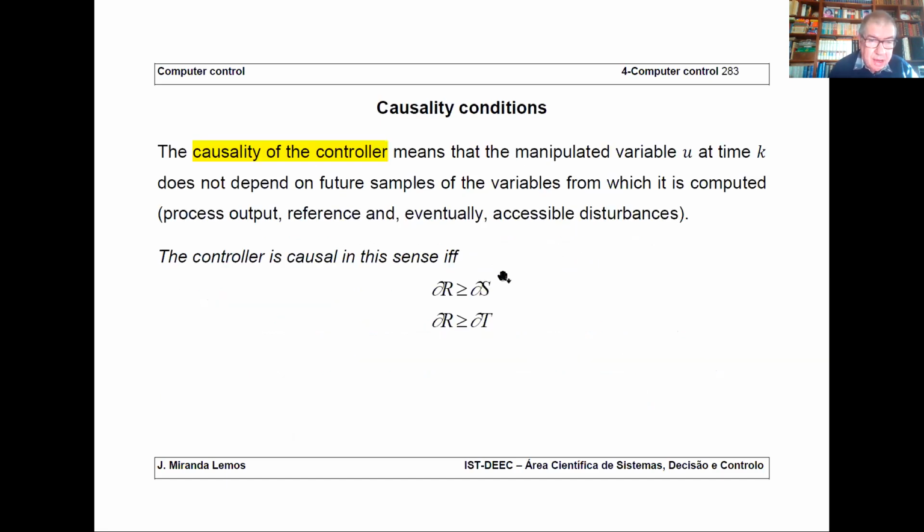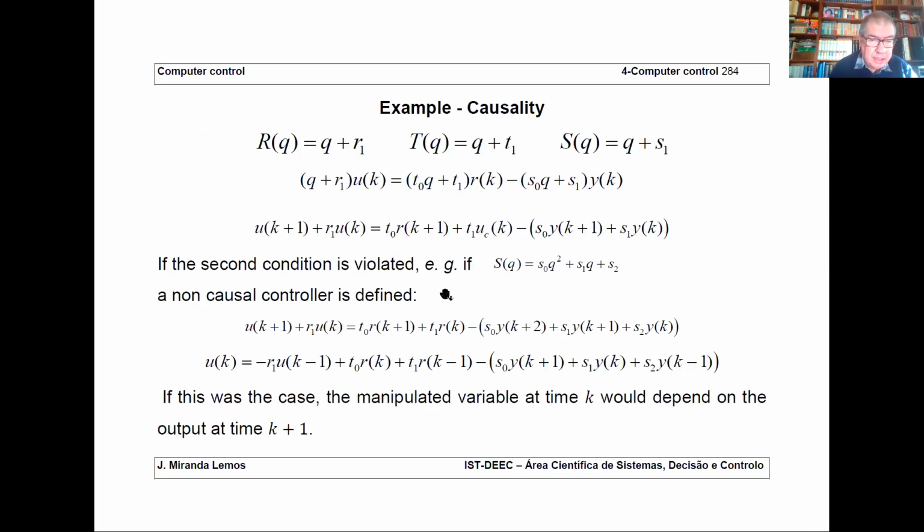So you are violating this condition because S is of degree 2, bigger than R, which is of degree 1. What happens? If you write down the equations and you expand this, you get u of k depending now on y of k plus 1.